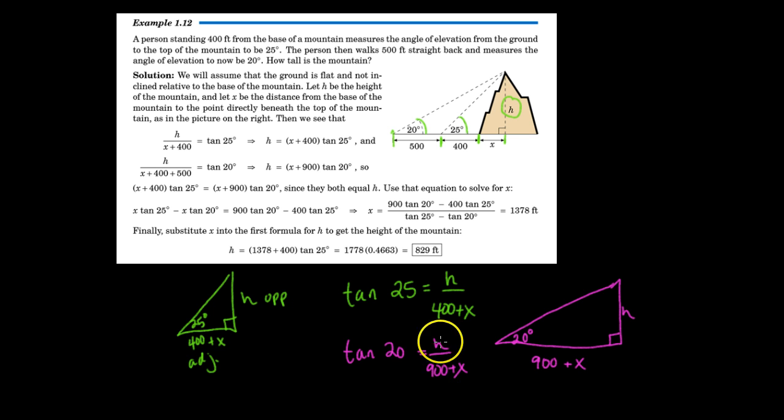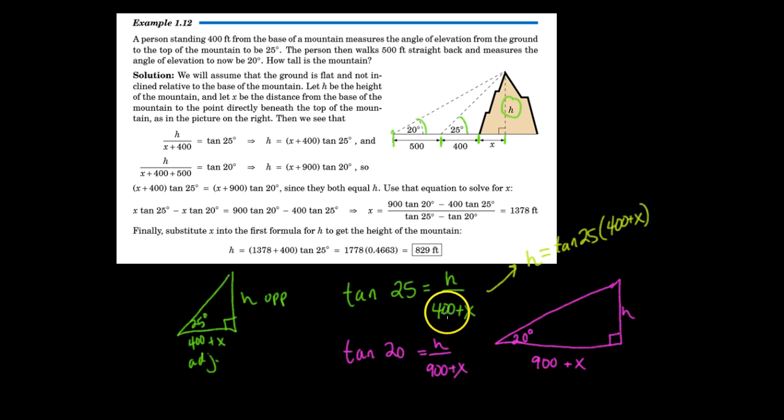Notice that we have 2 variables, so right now it's hard to do much, but if we solve for h in both of these equations, we can set the equations equal to each other. So from equation 1, we have that h is equal to tangent of 25 times quantity 400 plus x.